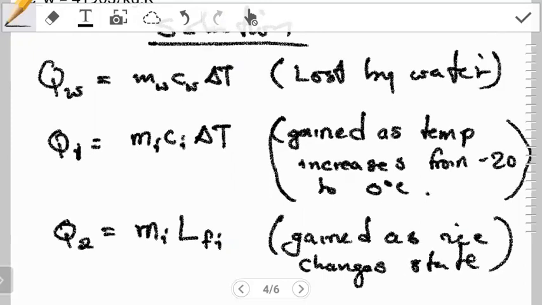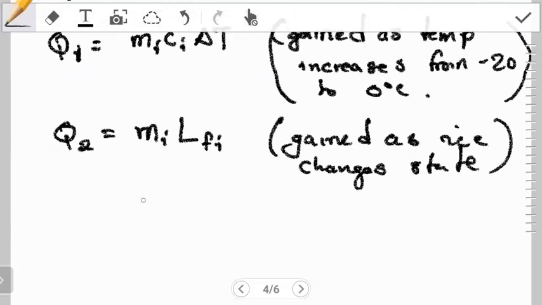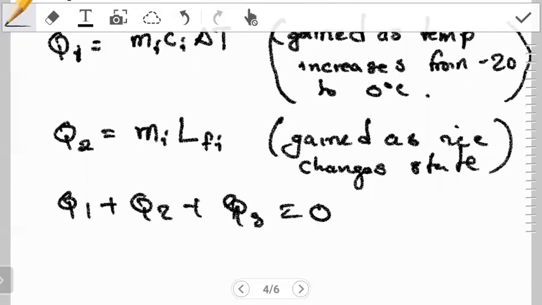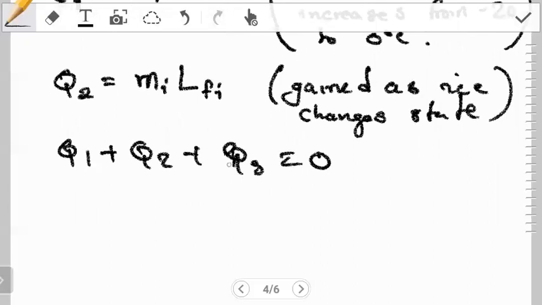Okay, so with that in mind, we notice one thing again. If you want to take note of final temperature minus initial temperature so that it gives you a negative, you can work it out like this: Q1 plus Q2 plus Q3 is equal to 0. But it's up to you. If you use this, you can stick to final temperature minus initial temperature.